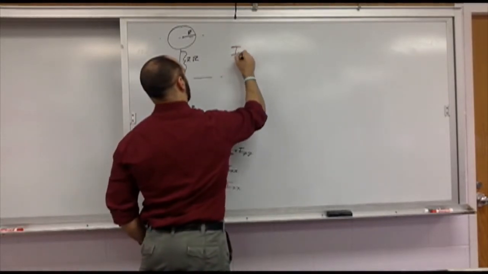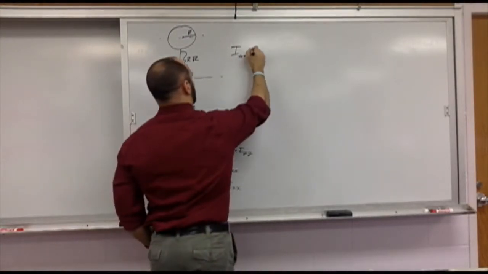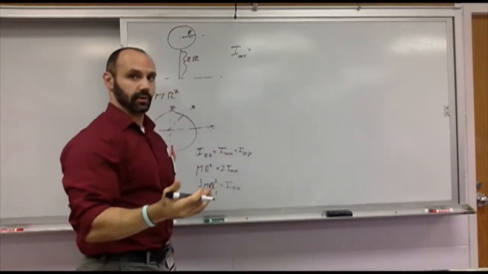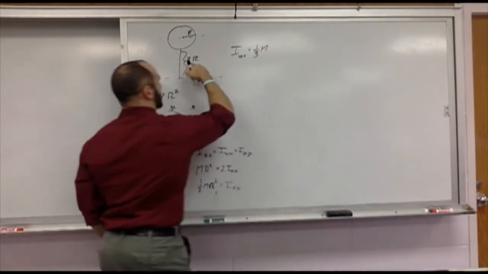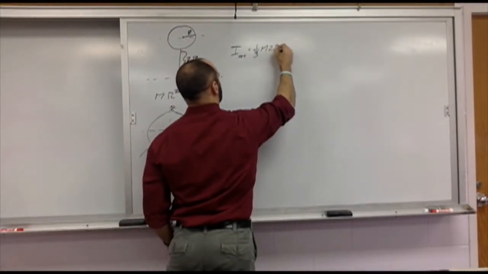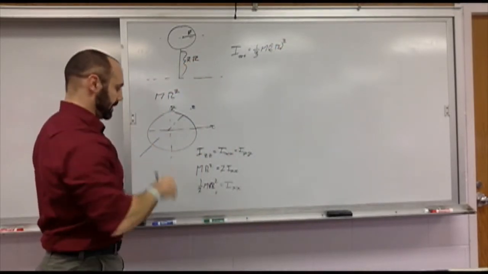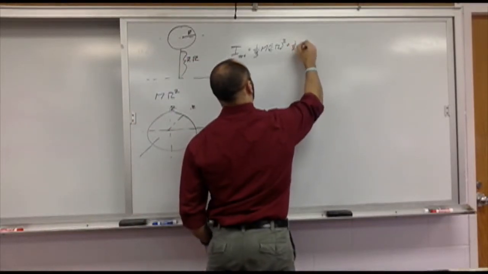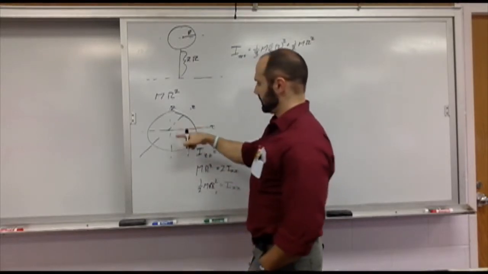So the total of this thing around this axis is going to be 1/3 mr squared for the rod, so that's 1/3. It has a mass of m, and the length is 2r. Let's square that. And then I'm going to add plus 1/2 mr squared. That's the moment of inertia of this around that axis.